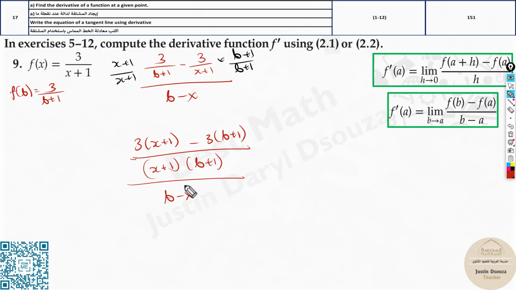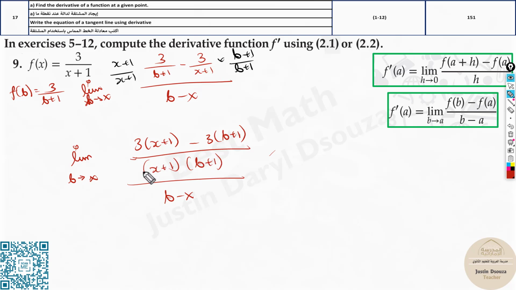I hope so much is okay. Next step, what you can do is say this b minus x comes down itself, but the problem is we don't want that. We need to simplify this, isn't it? So multiply this 3 inside. Over here there is a limit, over here also there is a limit as b tends to x. The limit over here is also the same thing, as b tends to x.